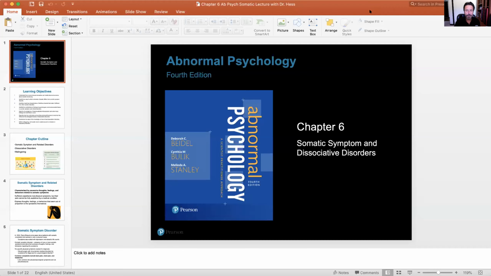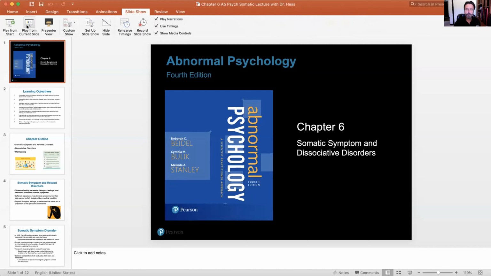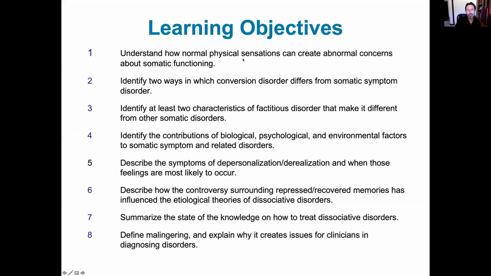Here's chapter 6, the somatic symptom and dissociative disorders. So we're going to take a look quickly here at some psychological disorders that are somatic or body based.